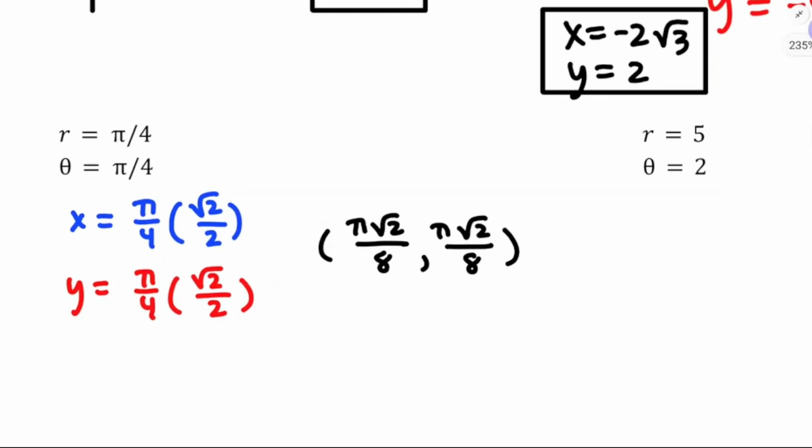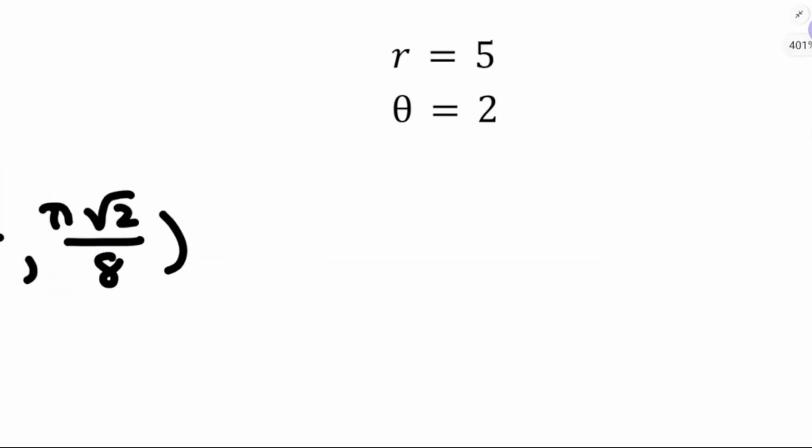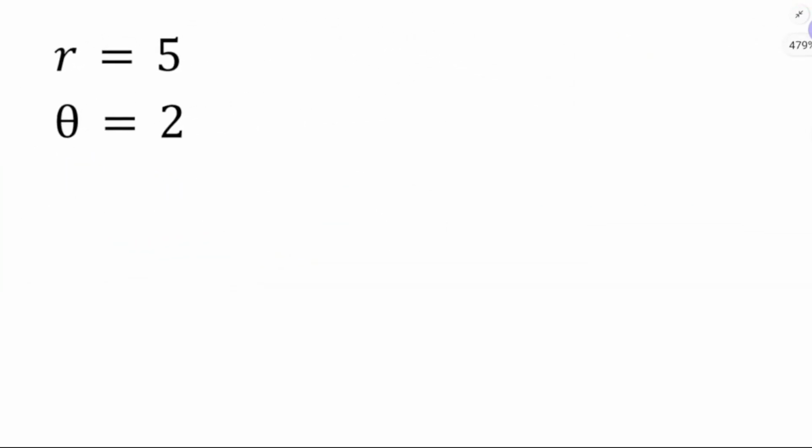Okay, and then r equals 5, theta equals 2. Theta equals 2 radians. Here's another one of these weird theta locations that we're not familiar with. And this is really where I just have to emphasize how important it is that you know the formula, right?